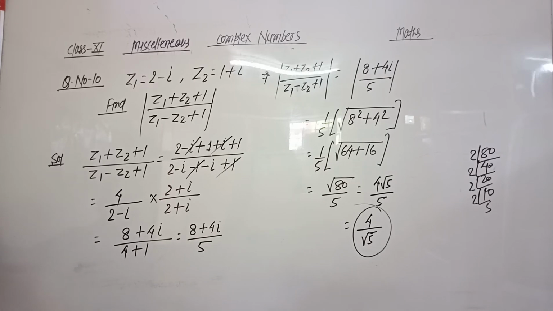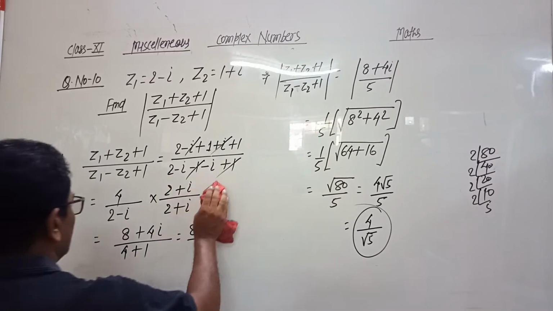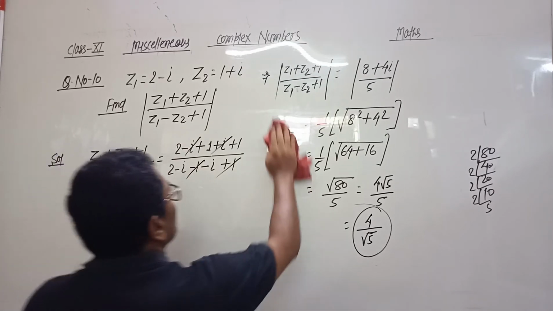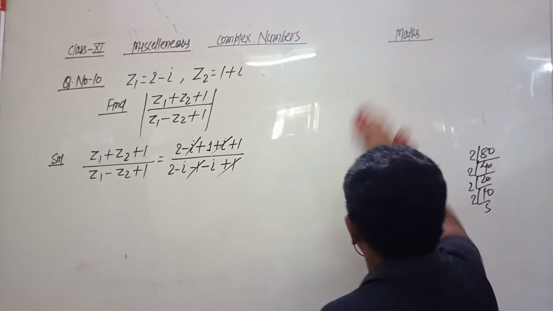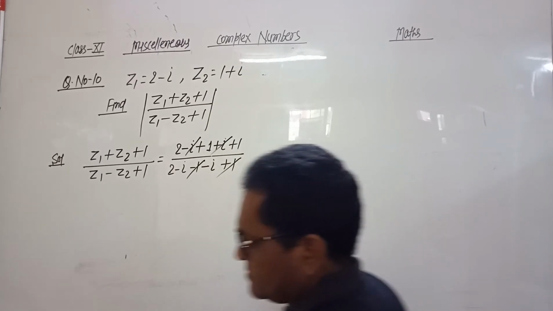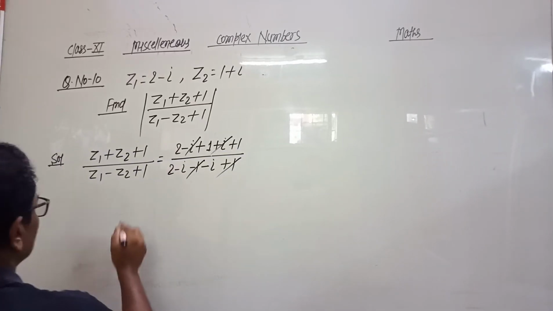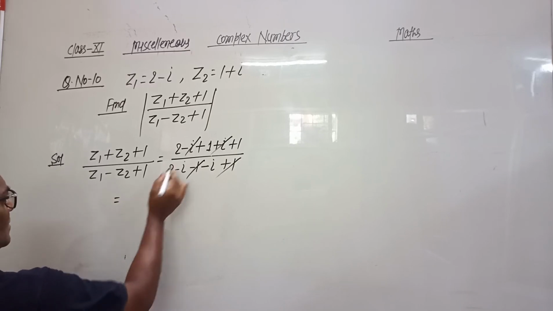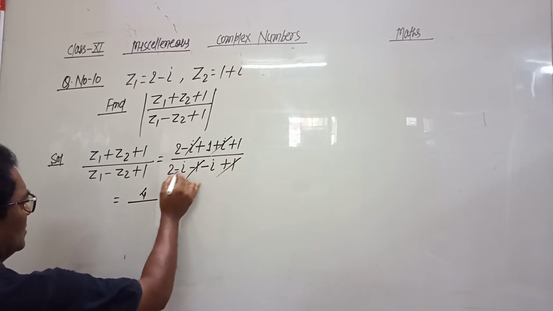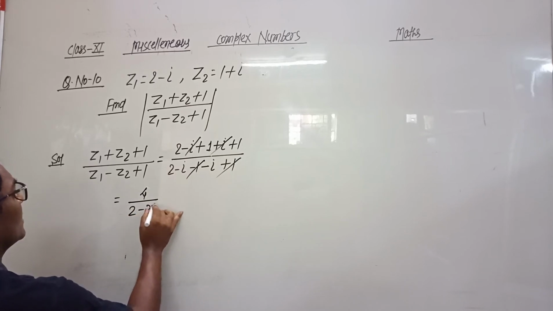Z1 minus Z2, 2 minus iota plus 1, and 2 minus iota minus iota. This is 4 upon 2 minus 2 iota.